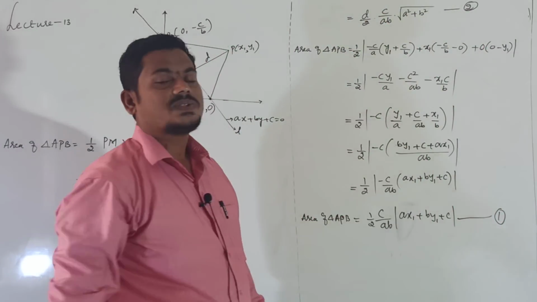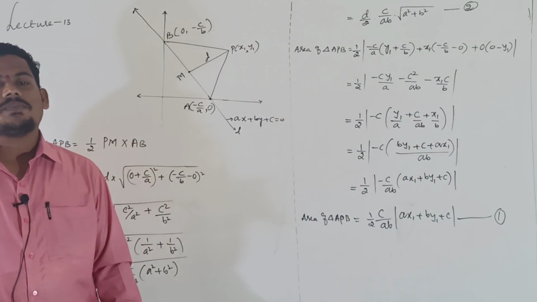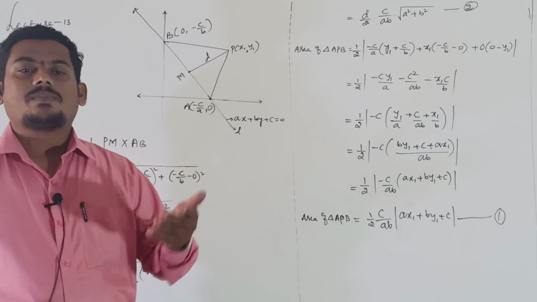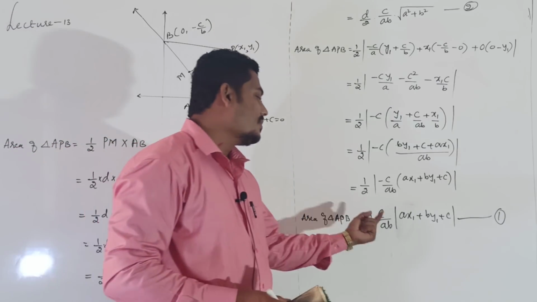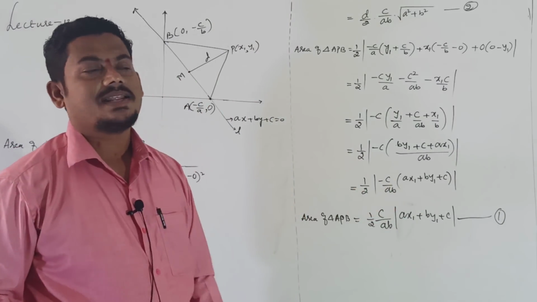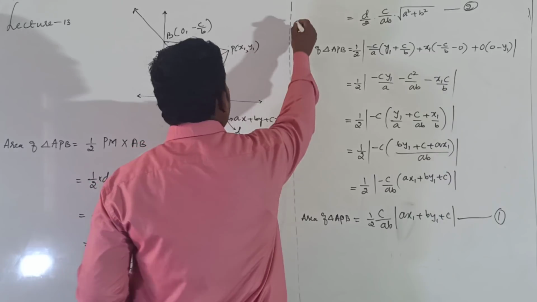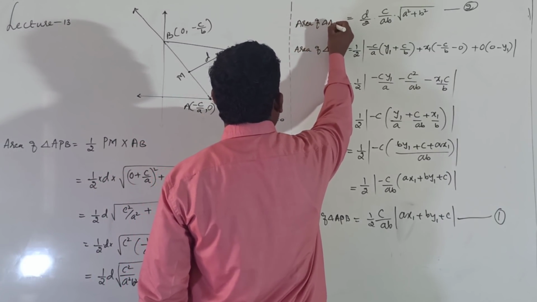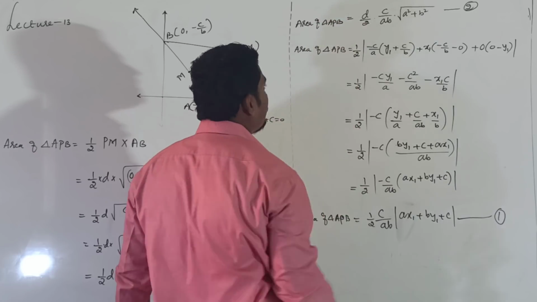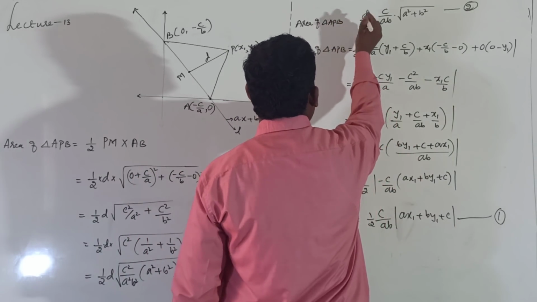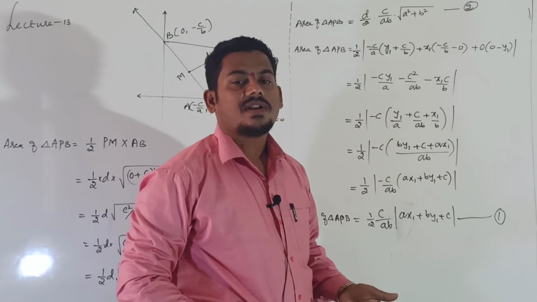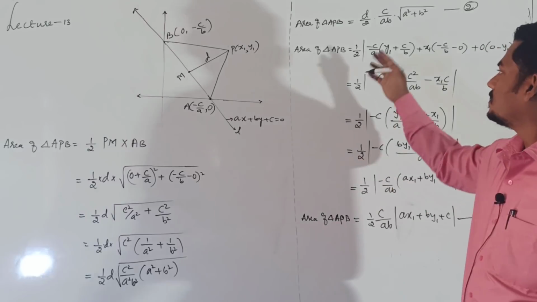Equation number 2 also represents area of the triangle APB, and equation number 1 also represents area of the triangle APB. Area of triangle APB is equal to d by 2 into c divided by ab into square root of a square plus b square.